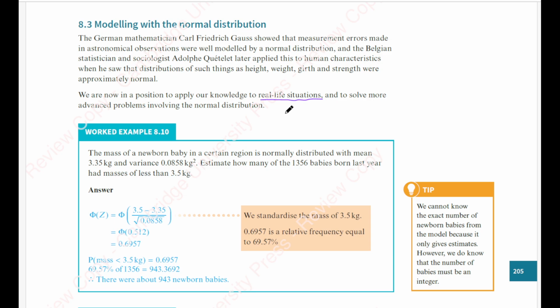The mass of a newborn baby in a certain region is normally distributed with a given mean in kilograms and variance.